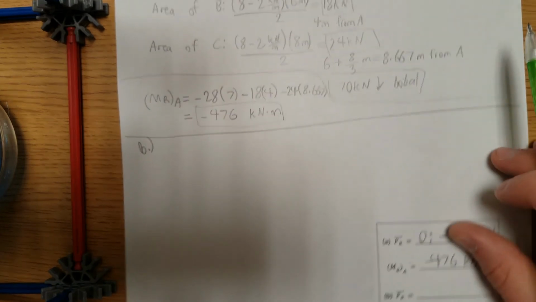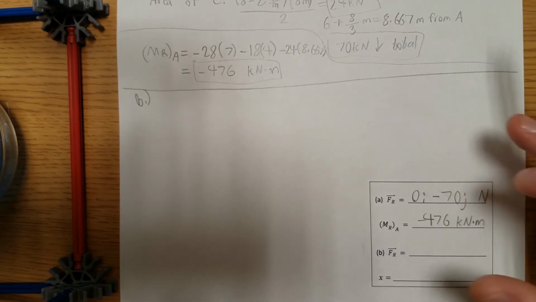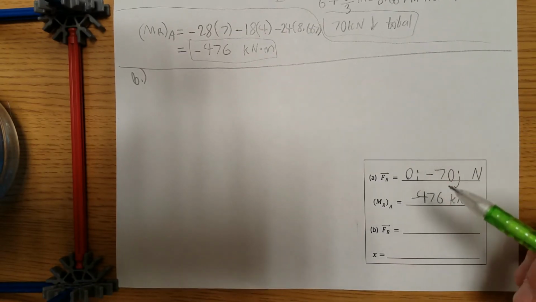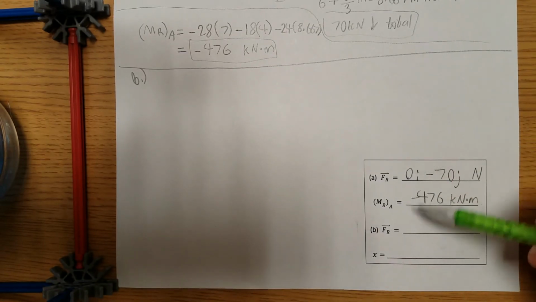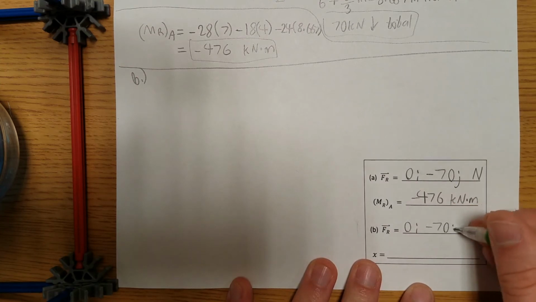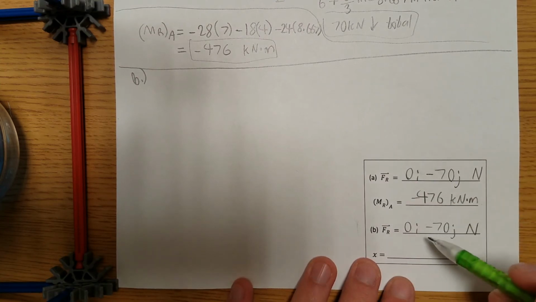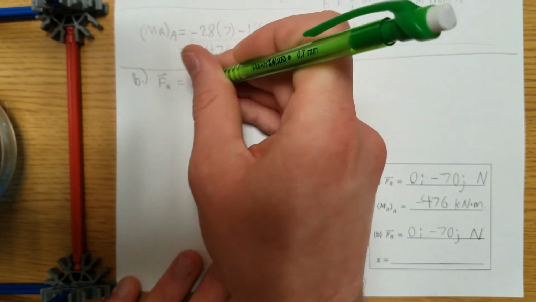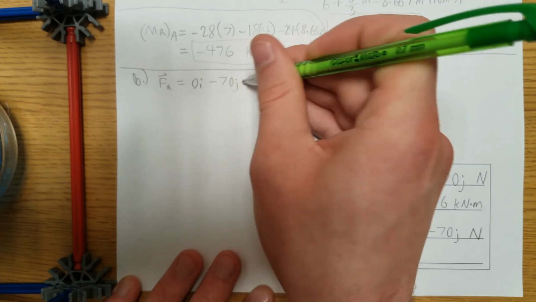I don't know if there would be another force that we could have here, to be honest. So we're just going to copy that down. Minus 70 J kilonewtons. And we can write this up here for reference. F R equals 0 I minus 70 J.